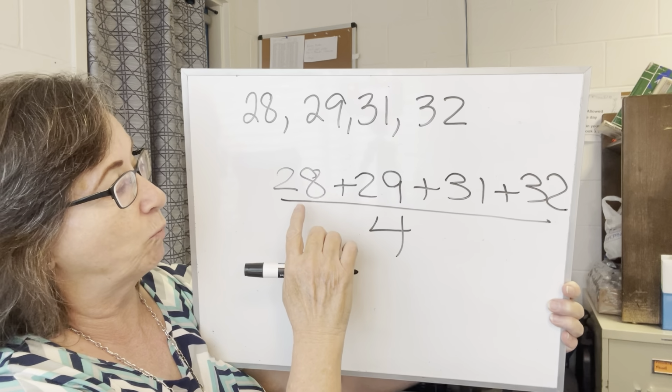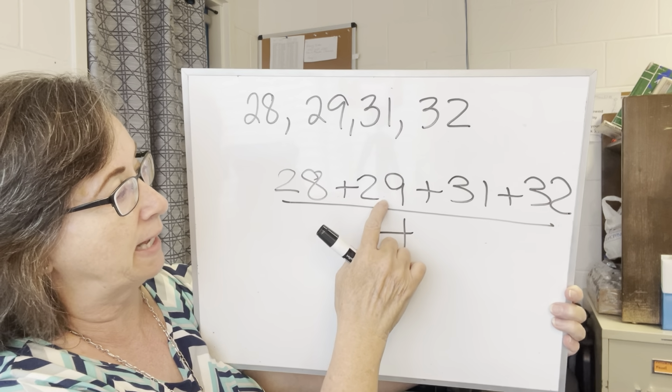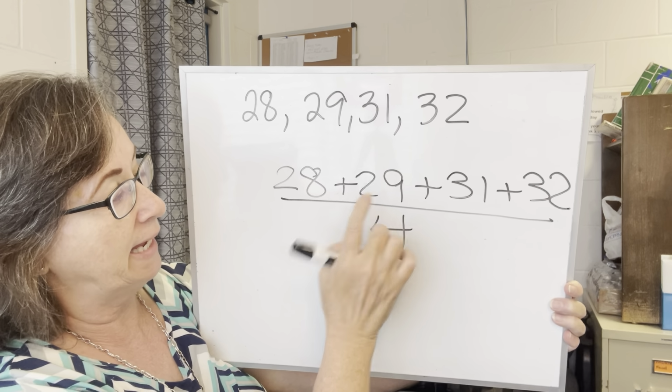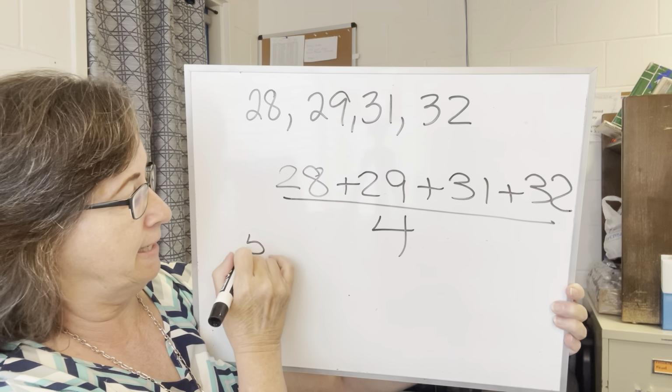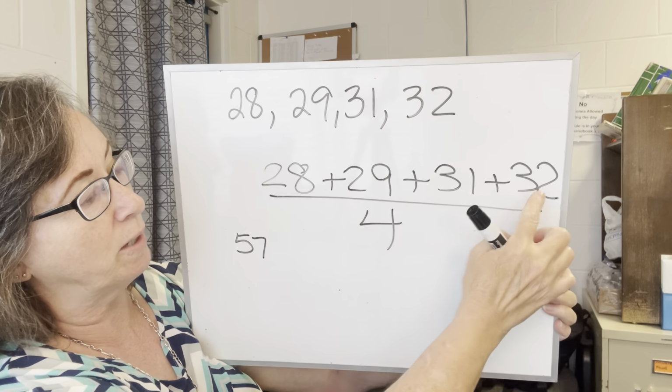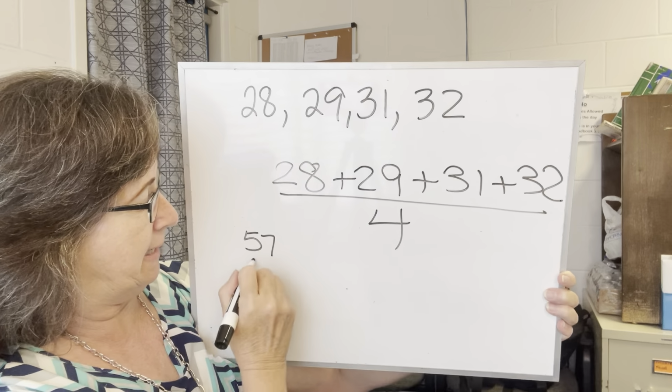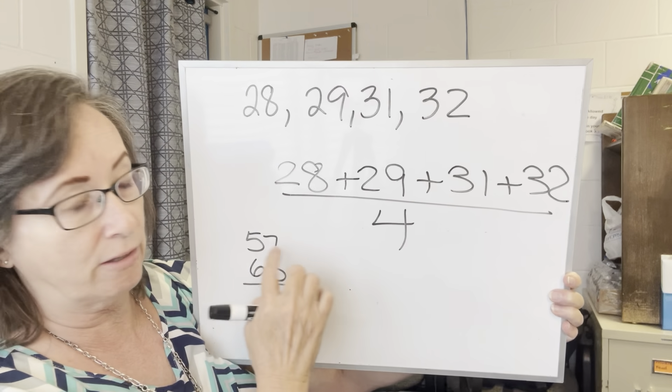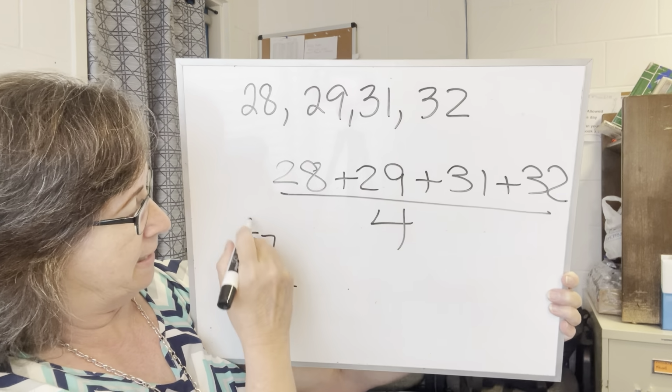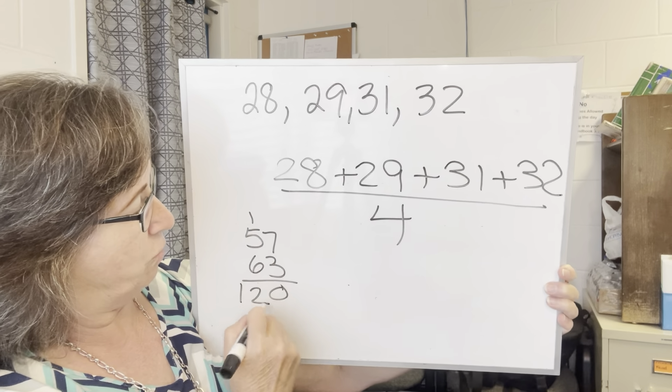So we're going to add all of these up together. 28 plus 29 is 57, and 31 plus 32 is 63. So when I add those together, I'm going to get 120.